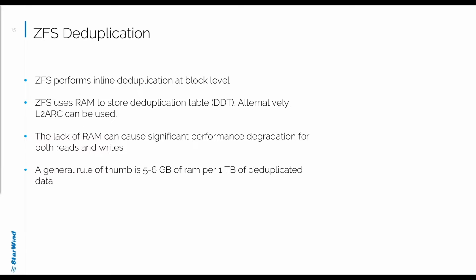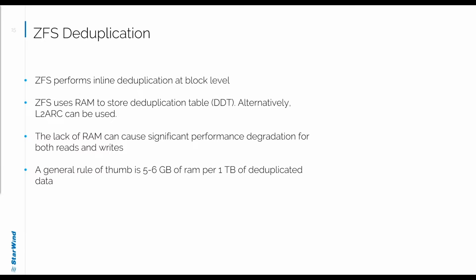The table contains a list of unique checksums, the location of those blocks, and a reference count. When new data is written, the checksum is calculated and compared to the list. If a match is found, the existing block is used. Also, the SHA-256 checksum algorithm is used with deduplication to provide a secure cryptographic hash.